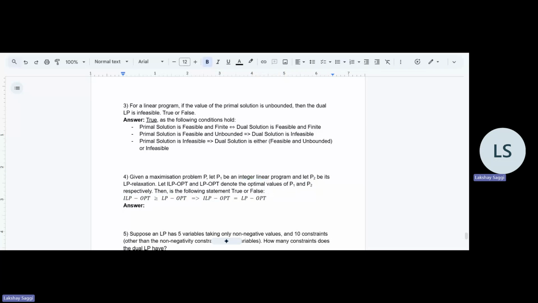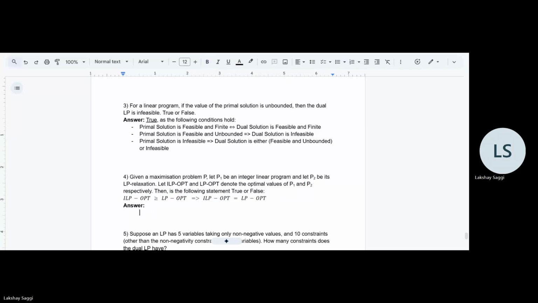If P2 is the LP relaxation of the maximization problem, then integer values are just a subset of these continuous values. So P2 can take more values than the program P1, and since it is a maximization problem, the optimum value of P2 will be at least the optimum value of P1.